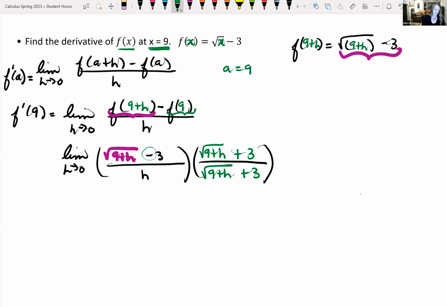So whatever we do to the numerator, we've got to do to the denominator, bringing down our limit as h goes to 0. We have the square root of 9 plus h minus 3. Well, multiplying that by the fancy one is going to square this first term and square the second term.